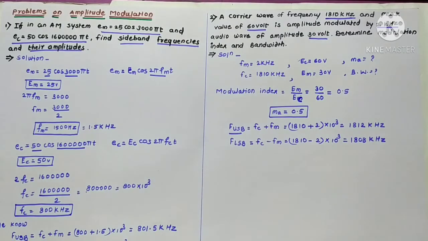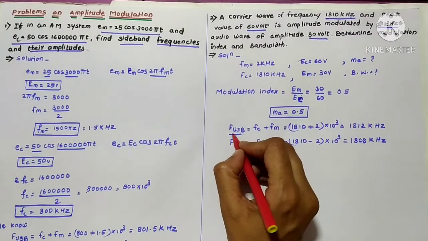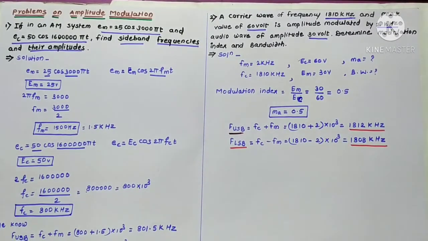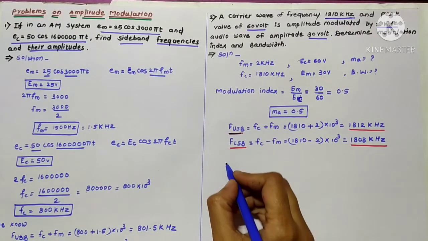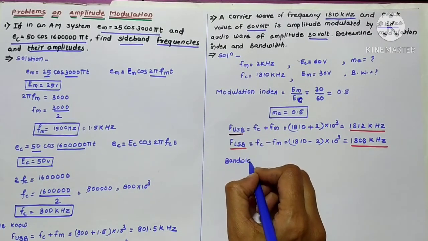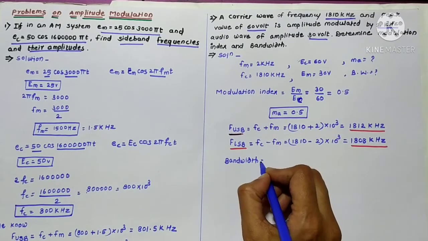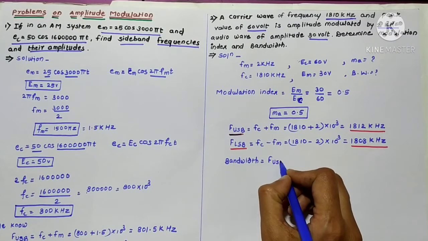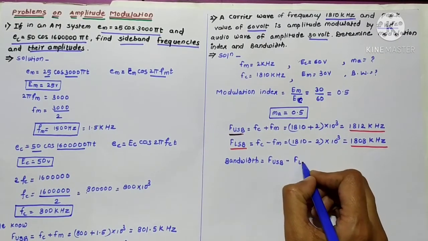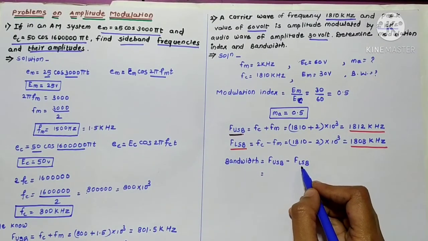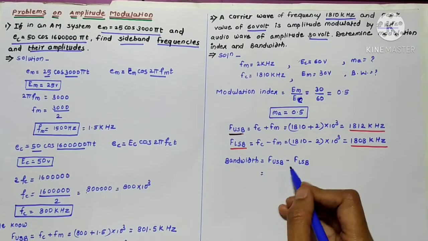So here this is the frequency of upper sideband and this is the frequency of lower sideband. Now bandwidth is given by FUSB minus FLSB, which means we have to subtract the lower sideband frequency from the upper sideband frequency.